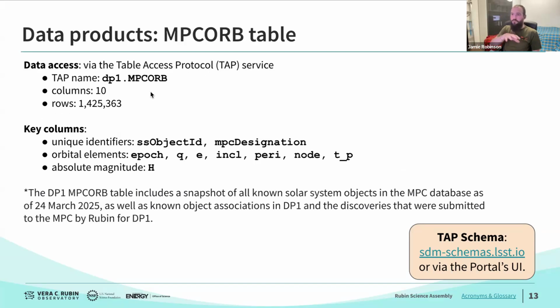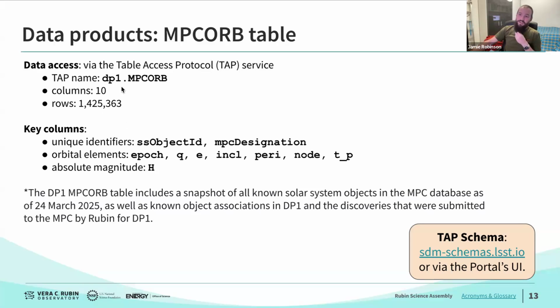And then also on this object level is MPC orb, Minor Planet Center orbits. Again, the main index is SS object ID, so each row here contains information about all known solar system objects. So it's got their orbits, perihelion, eccentricity, inclination, and an estimate of their absolute magnitude.